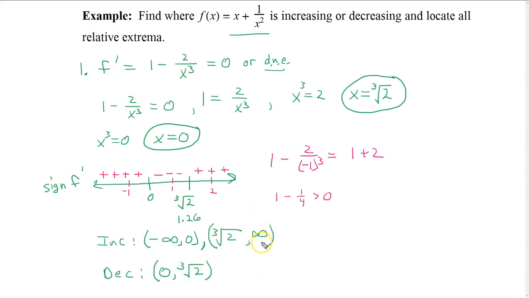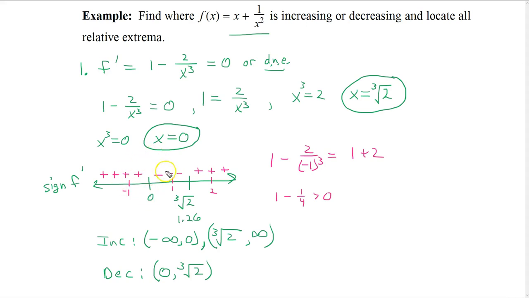Now let's identify relative extrema. So let's see, at 0, our function is increasing and then decreasing. So it looks like 0 might be a relative maximum.